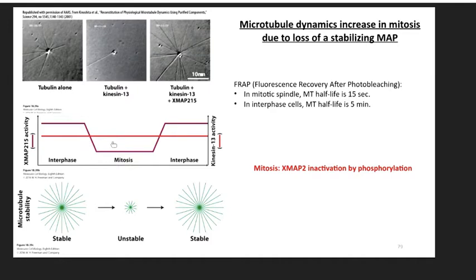Why? Because of inactivation by phosphorylation. So XMAP 215 gets phosphorylated here. That is why the activity lowers. That is why the kinesin 13 activity, which was constant, appears to be high. That means more depolymerization of the microtubule happens. That is why this is an unstable condition. And during the interphase, these are stable conditions.